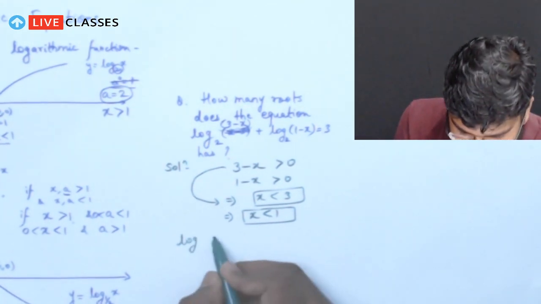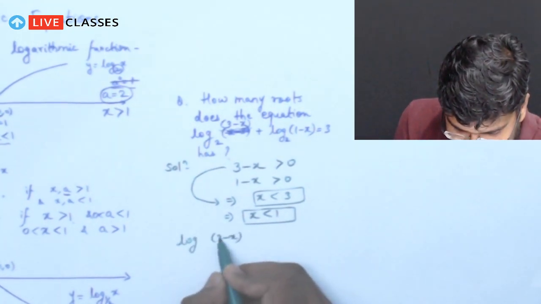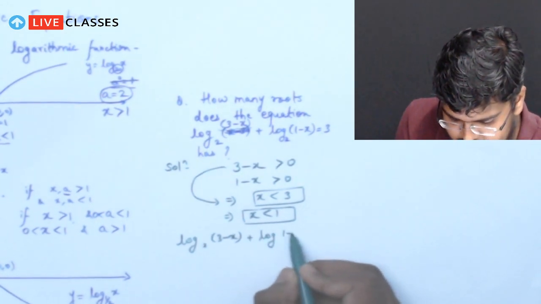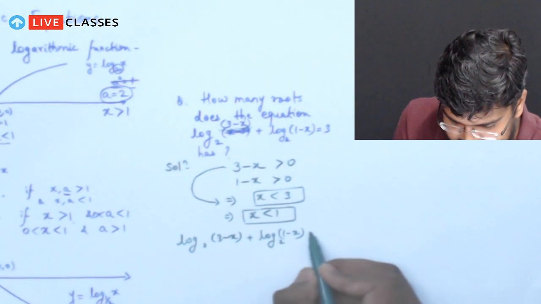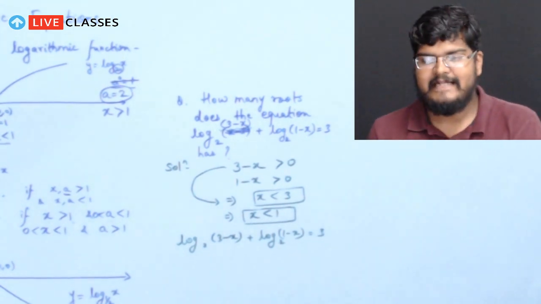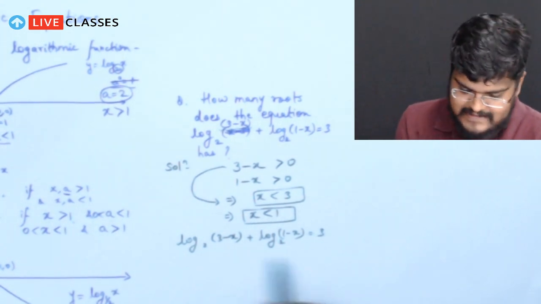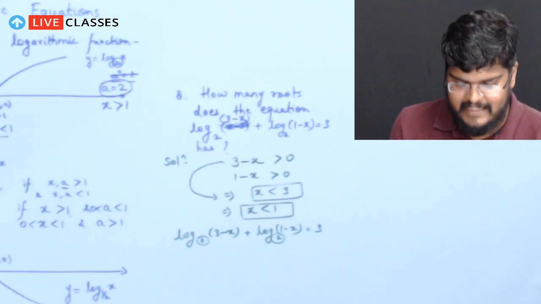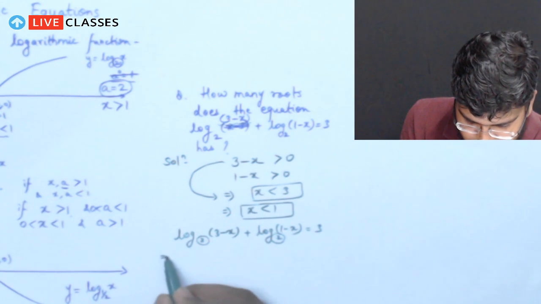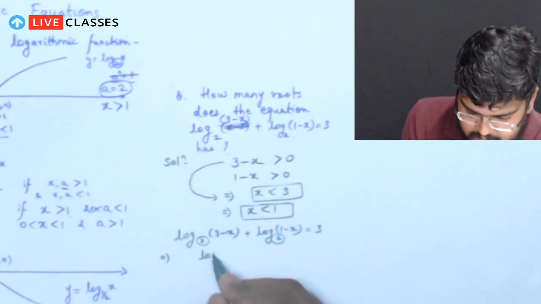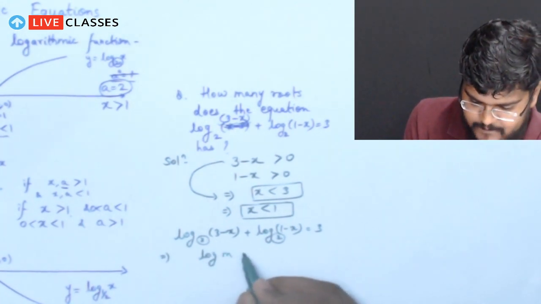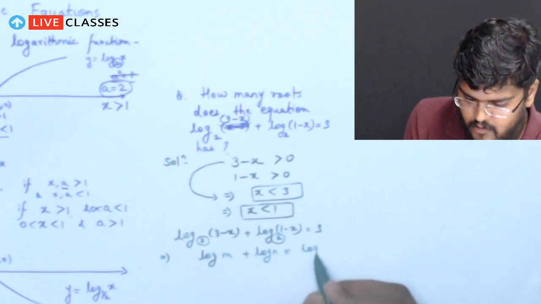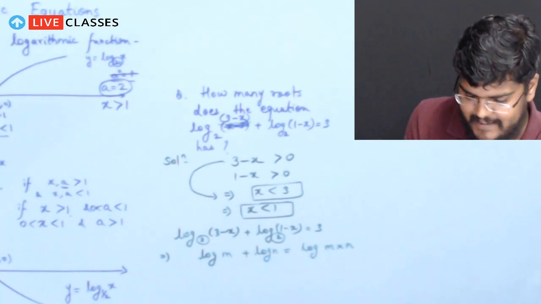Now let's write the equation that is given to us. The equation is log of 3 minus x to the base 2 plus log of 1 minus x to the base 2 is equal to 3. I can clearly see that in both these logarithms the values of base are equal, and since the bases are equal, all we have to do is apply the property that log of m plus log of n is equal to log of m into n.